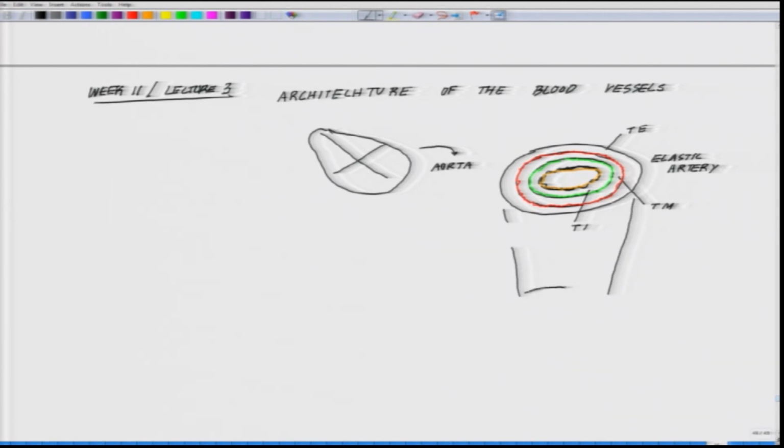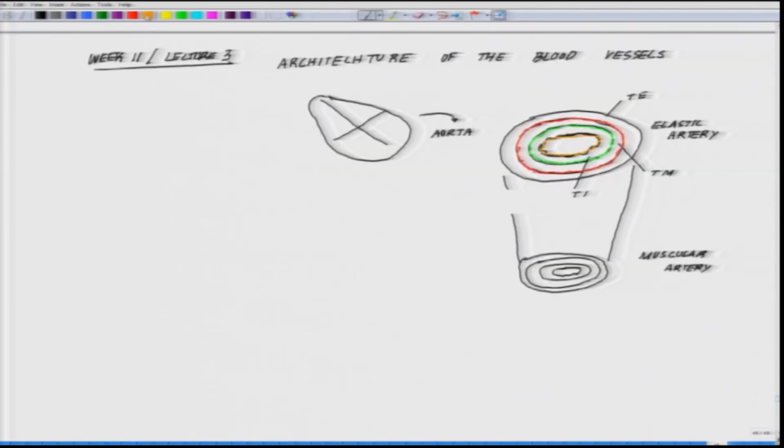The next level what you see is this, which is called your muscular artery. You have more smooth muscle in them, and of course, again same color coding if you follow.